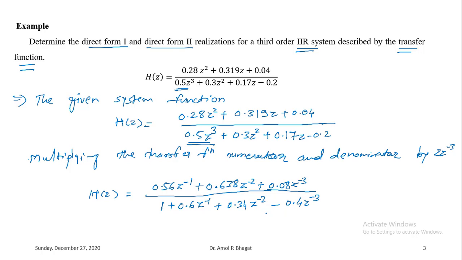Okay, so this is the system function which we will be using for the realization of the given discrete time system, or IIR system, right? So here we'll write or draw the direct form 1 realization structure now.